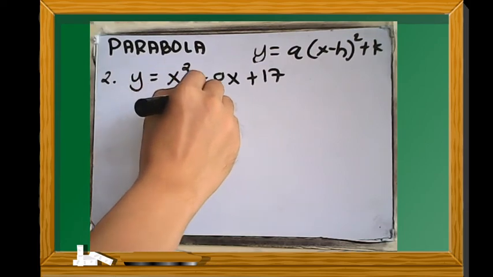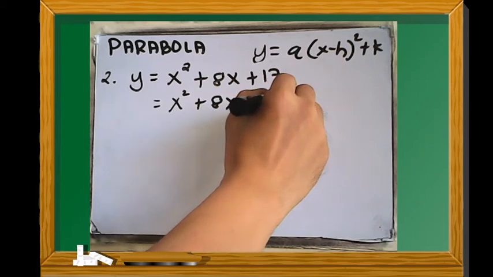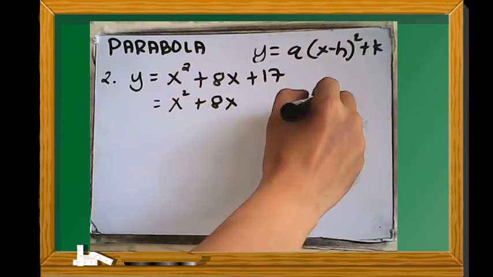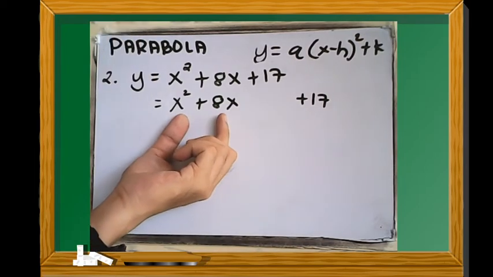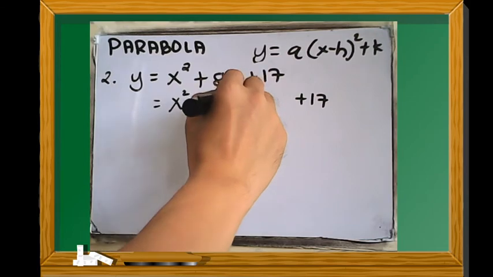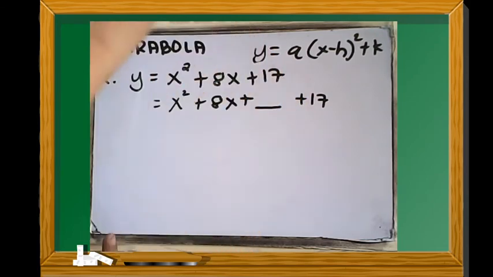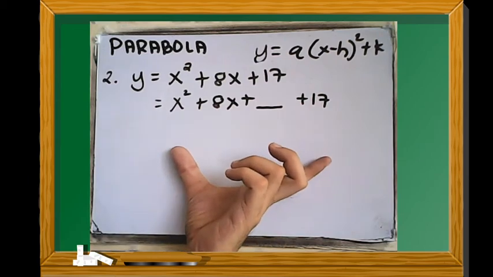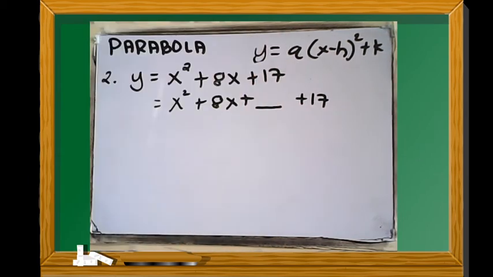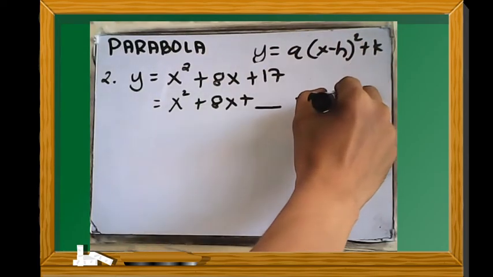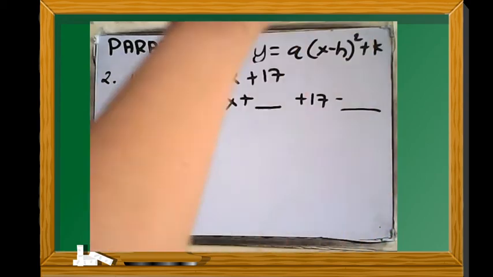X squared plus 8x dito sa constant term plus 17. And then, let's make it a perfect square trinomial. So mag-a-add tayo dito. And since nag-add tayo dito and they are on the same side of equal sign, para silang nasa right hand side, to make the equation balance, kung nag-add tayo dito, magsasubtract naman tayo dito.